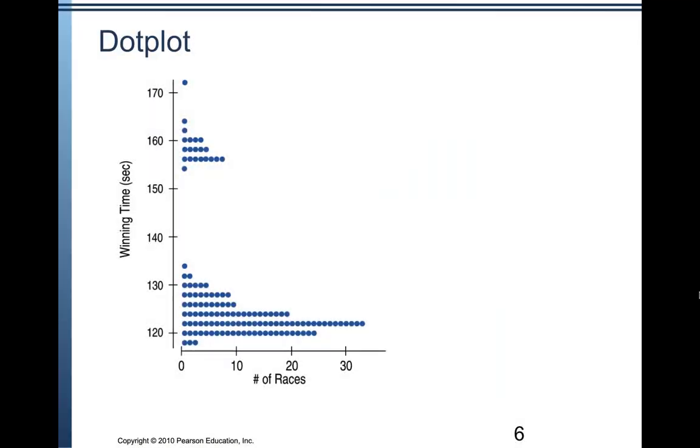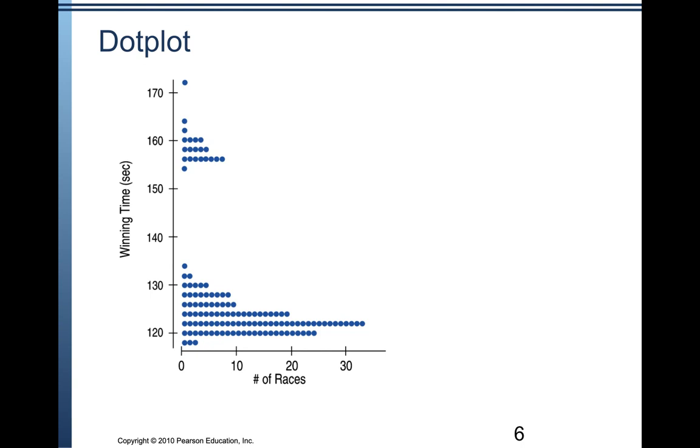Okay, a dot plot is what it says it is. It's a plot of all of the data items, in graphical form. A dot plot also will show the shape of the data, and again, we will talk about that in a minute.